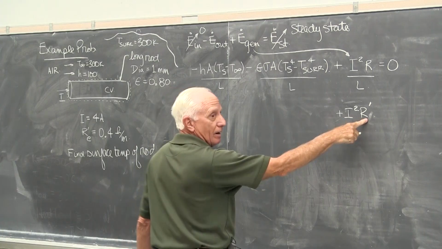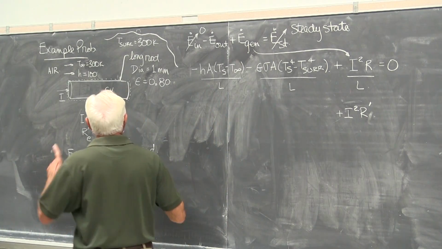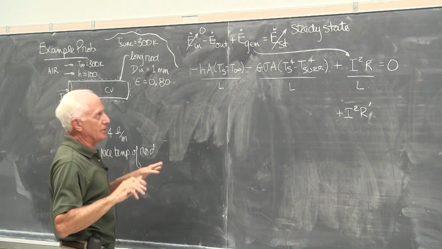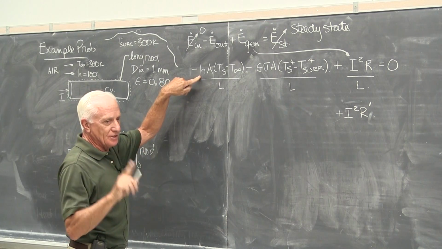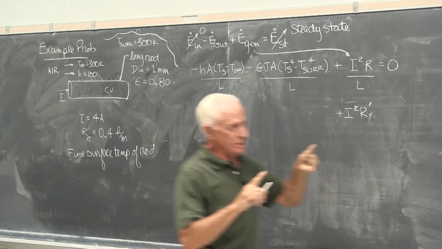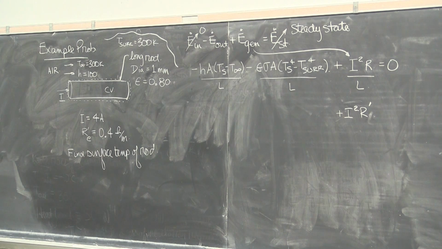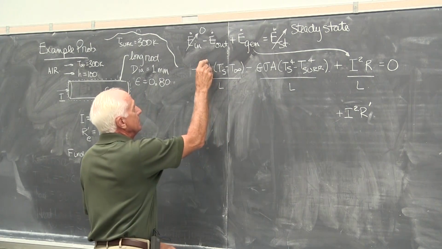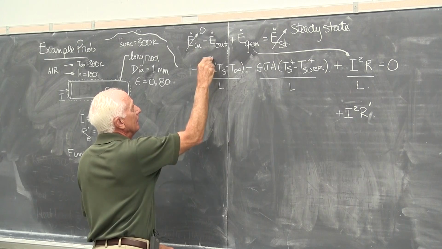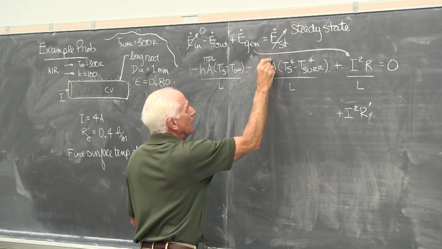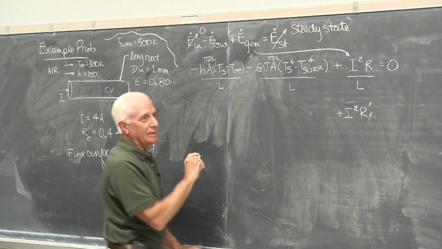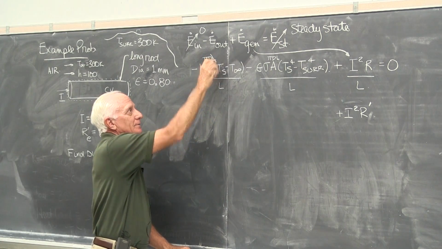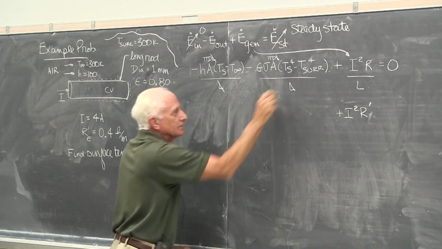Okay, this is a cylinder. What surface is touching the air? That area is the area where the air touches the cylinder: pi d L. Divide it by L. Cancels, cancels, cancels, cancels.